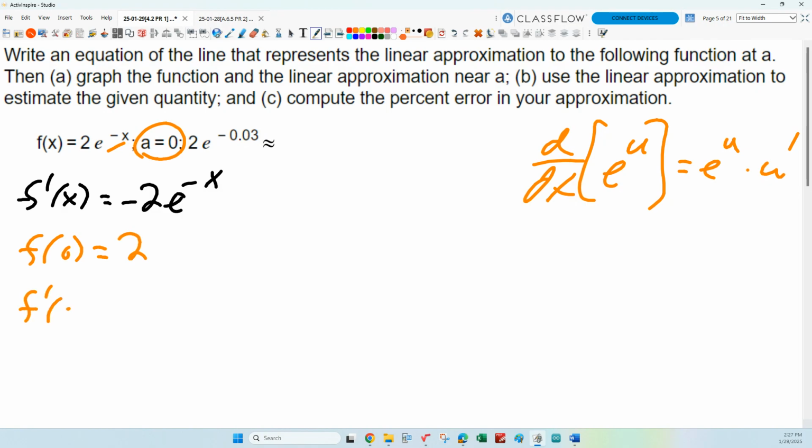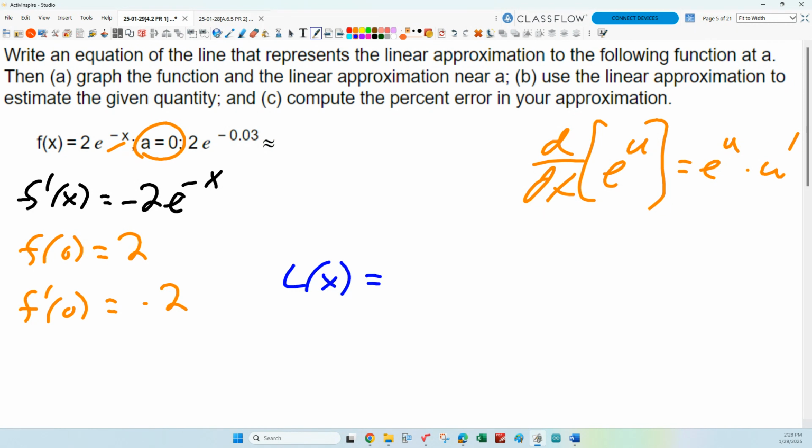What's f prime of 0? I evaluate that at 0 and get negative 2 e to the 0, and e to the 0 is 1. So negative 2.